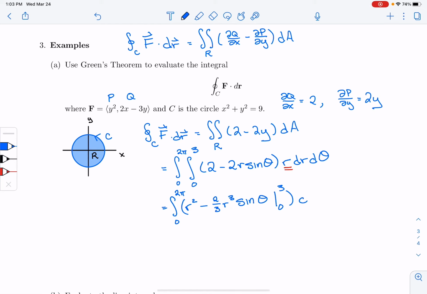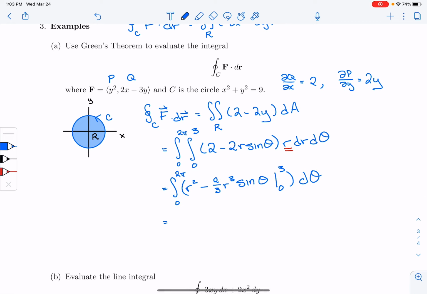So in this case, I get the integral from 0 to 2 pi of 9 minus 2/3 times 27. So that is going to be 18 sine theta d theta.